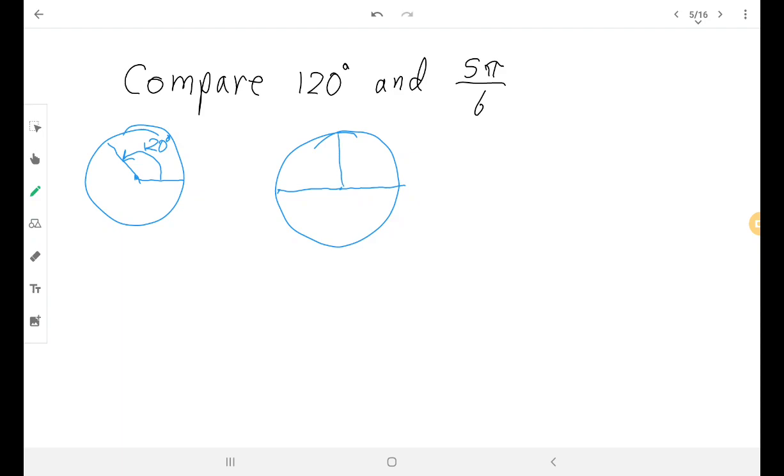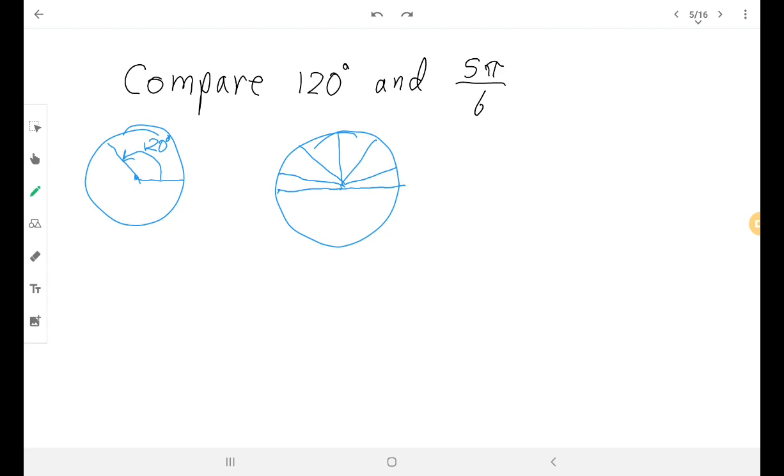There's 2 equal parts, and then if I divide each of those into 3 equal parts, I have 1, 2, 3, 4, 5, 6. And each of those then is a pi over 6.